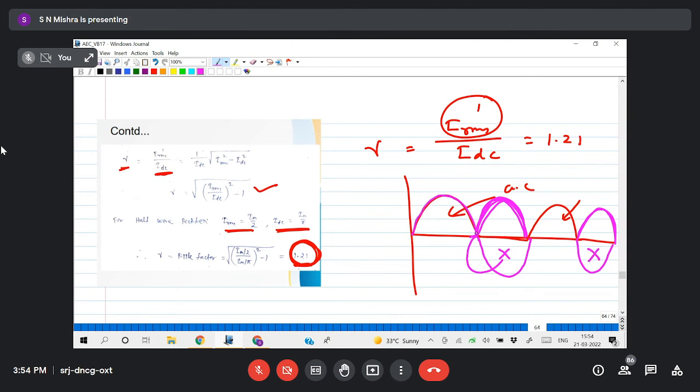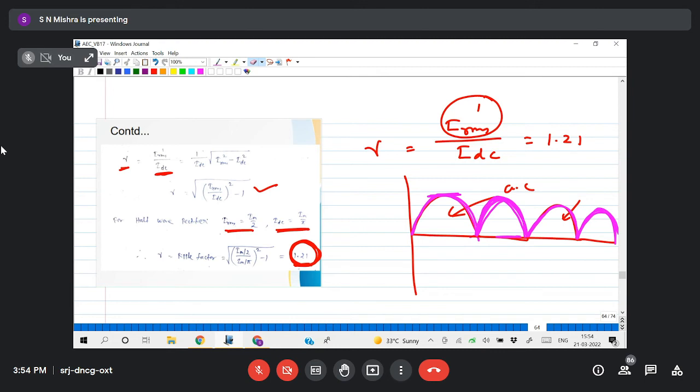Then you can see the efficiency will increase, as well as the ripple. Ripple means you see this top to bottom change is very high. Now the smoothness of the curve is improved a little bit. So this is one solution: if I can get both half cycles in the positive direction, then my efficiency will increase and the rippleness will decrease.